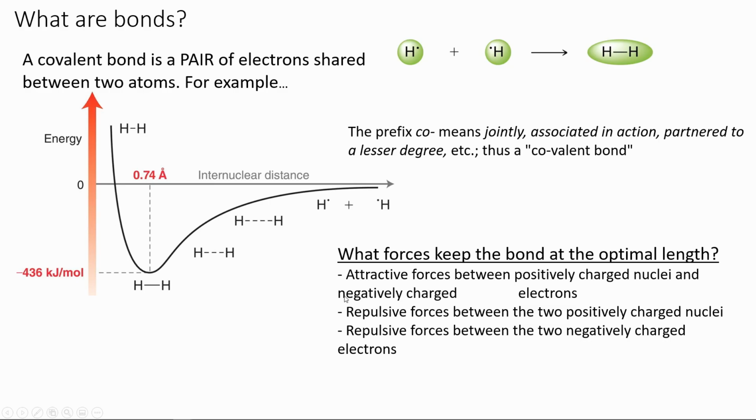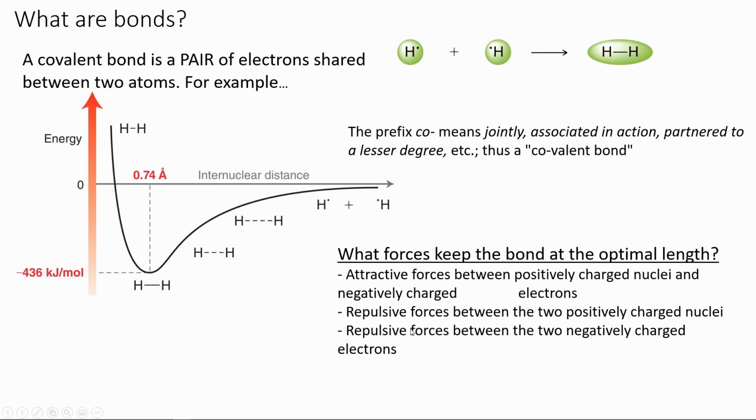And this is due to the repulsive forces between the 2 positively charged nuclei. If you ever take two magnets that are north-south, both in the same direction, and try to push them together, you're going to feel that repulsion of the two positives pushing against each other, and that's a similar interaction that we see here.